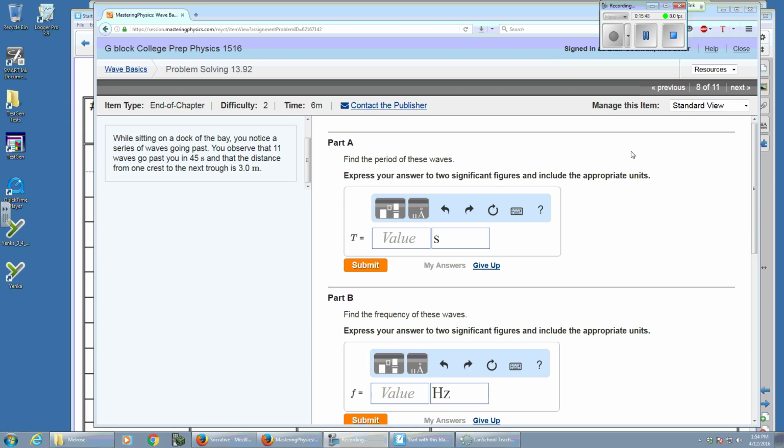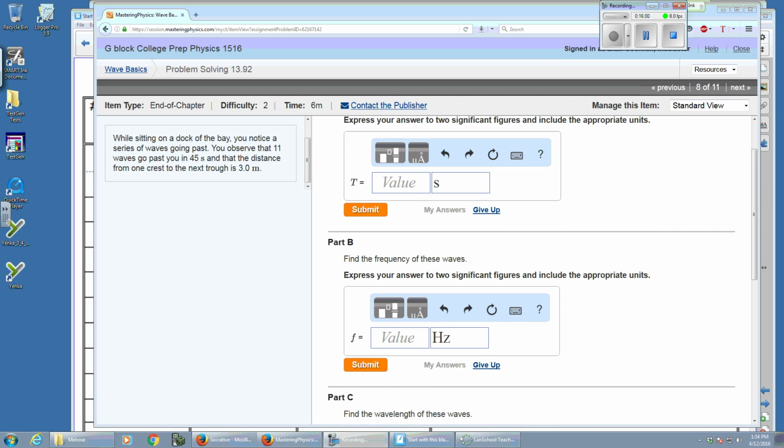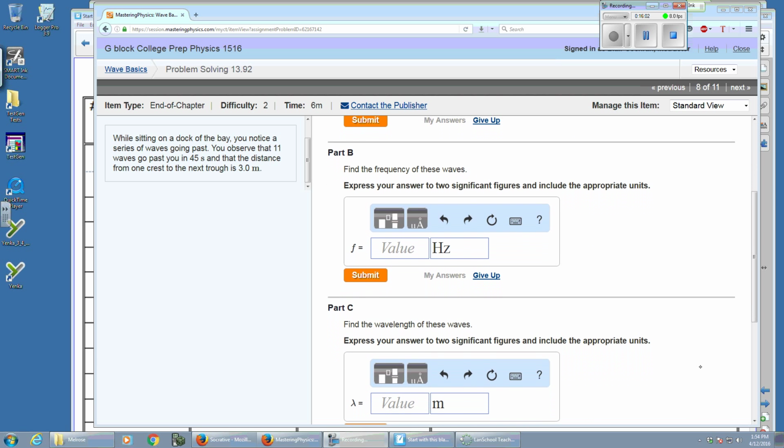How could you find the time for one of them? But you can figure it out, right? You got 11 of them, you got a certain amount of time. The period would be the time that one of those took. And then, remember, we have our relationship here for frequency and period, right? The period equals 1 over the frequency.